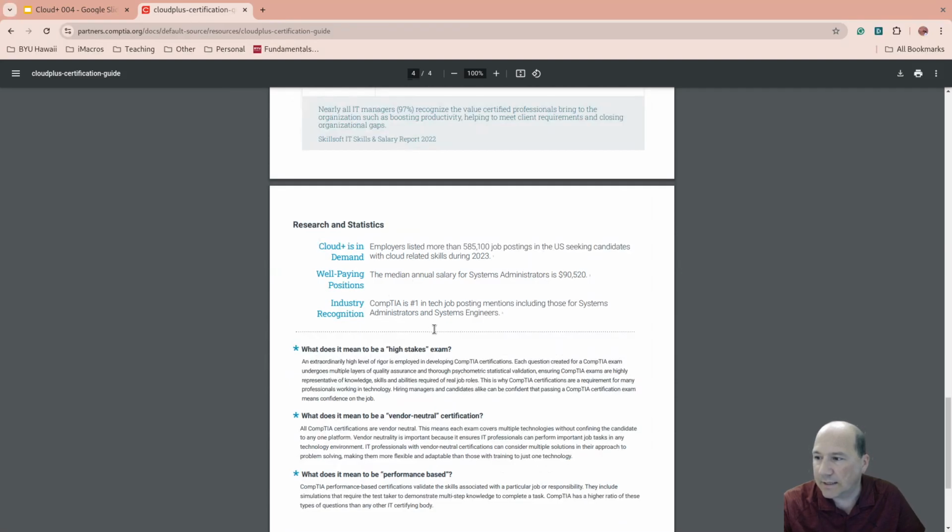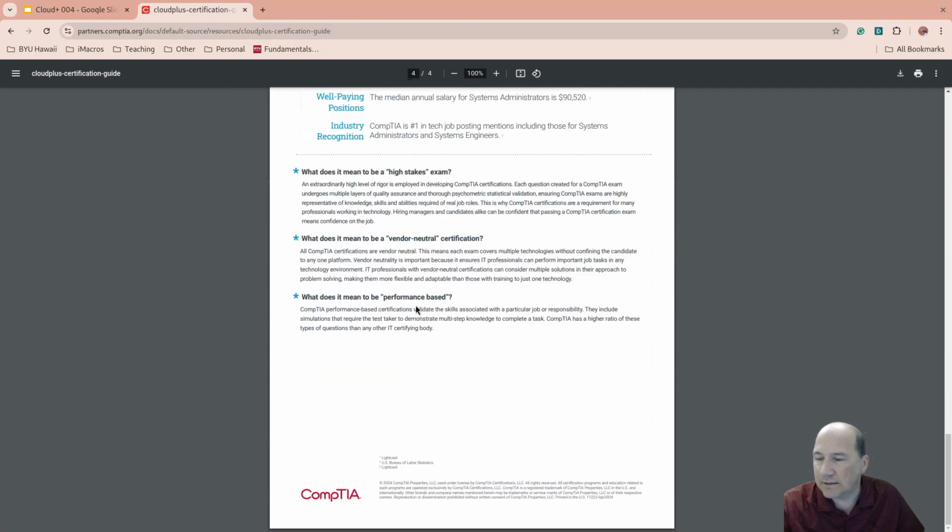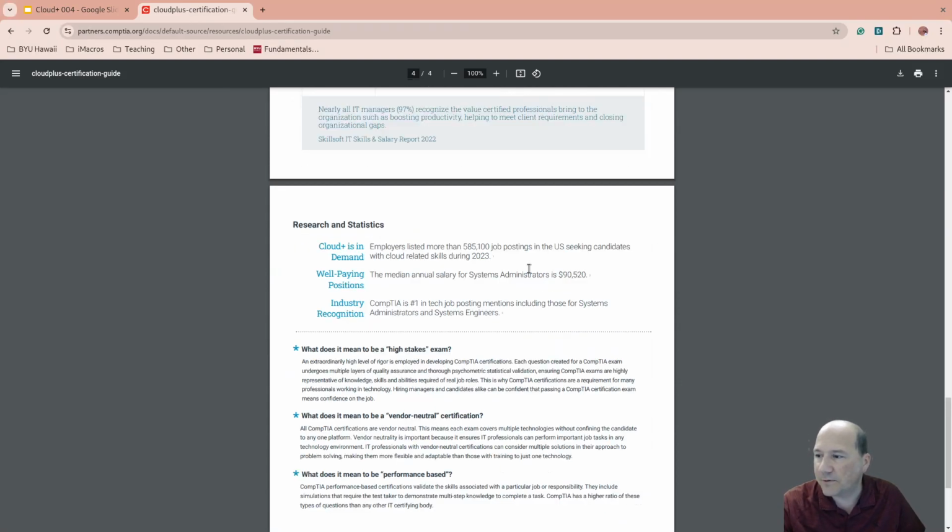So we're not going to really cover page 4, except to say, hey, these are well-paying positions. The median annual salary for system administrators is $90,000, and cloud demand is very high.